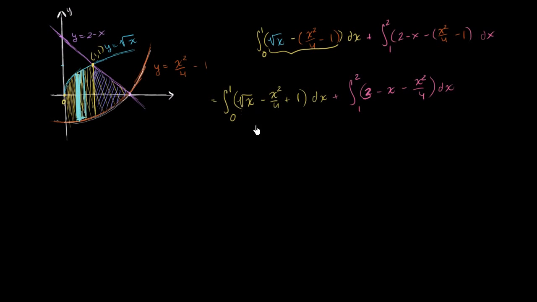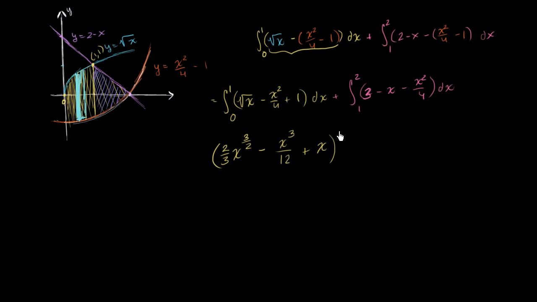And now we just have to take the antiderivative and evaluate it at 1 and 0. The antiderivative of this is, well, this is x to the 1/2. Increment the power by 1, you get x to the 3/2, and then multiply by the reciprocal of the new exponent. So it's 2/3 x to the 3/2, minus the antiderivative of x squared over 4, which is x to the 3rd divided by 3 divided by 4, so divided by 12, plus x, that's the antiderivative of 1.